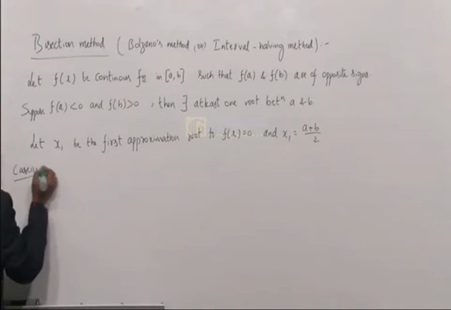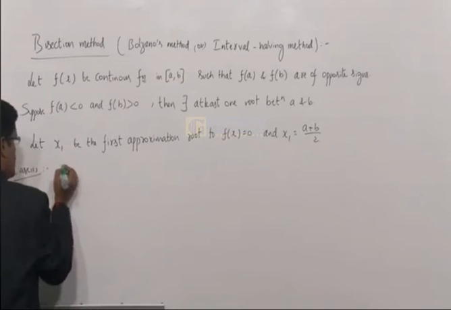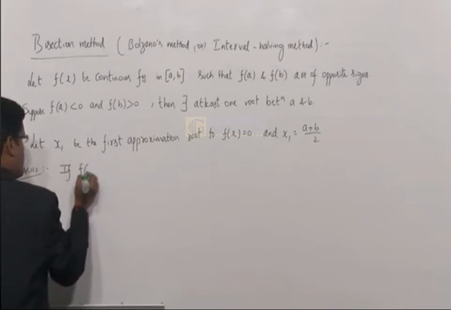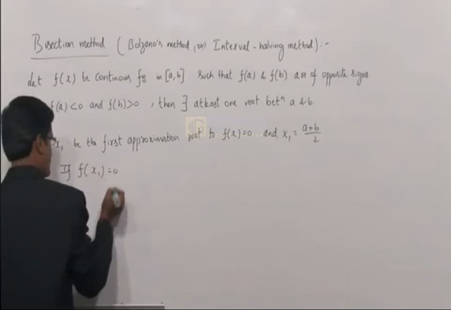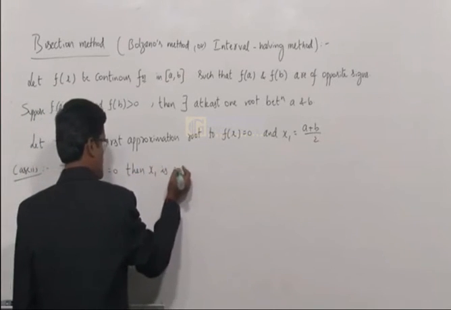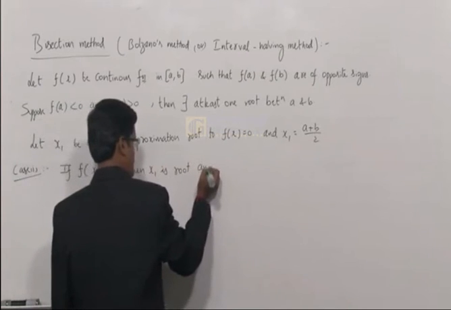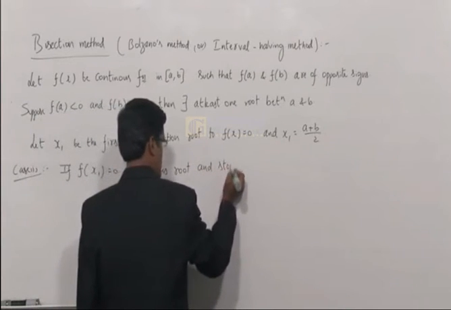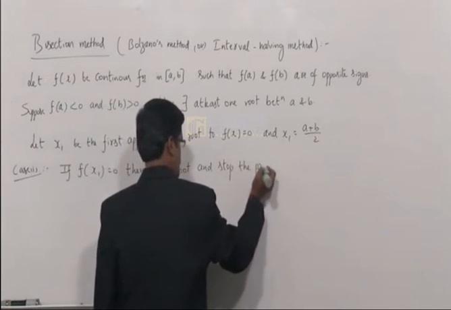Case 1. If f of x1 is equal to 0, then x1 is the root and stop the process.